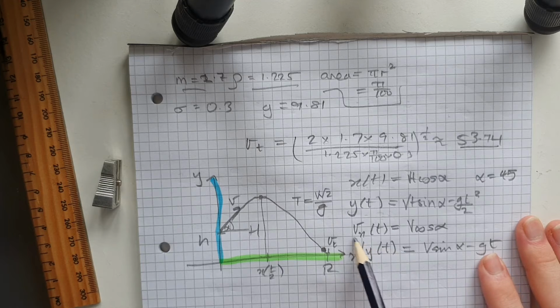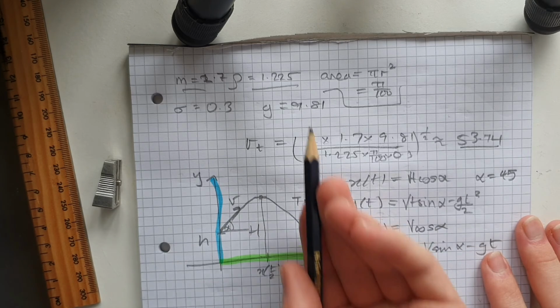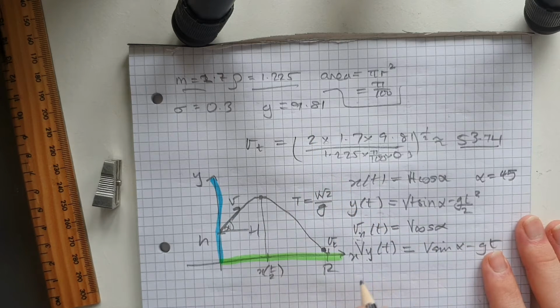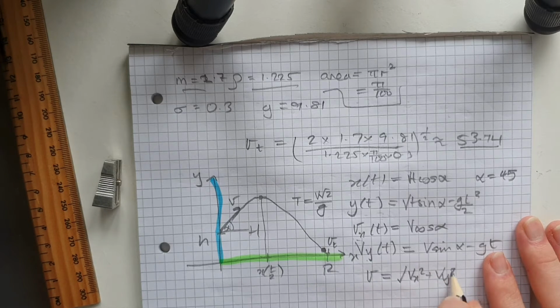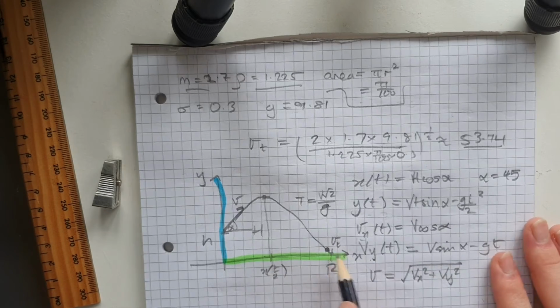But these Vx and Vy, they're in kind of a direction. So Vx is the velocity in this direction, Vy is velocity in this direction. So we know that V is equal to the root of Vx squared plus Vy squared. And at that point, V equals Vt.